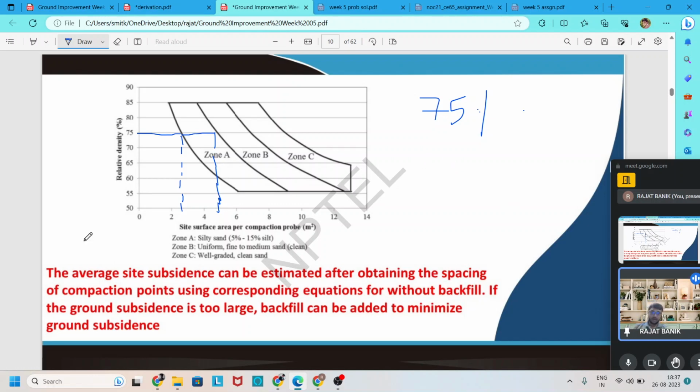Here another aspect is also given to find the spacing. During vibrocompaction, average subsidence happens, and if the subsidence is more than our required subsidence or ground settlement, then backfill is needed. For this backfill material, another spacing formula can be derived. By that formula we can also find the spacing.